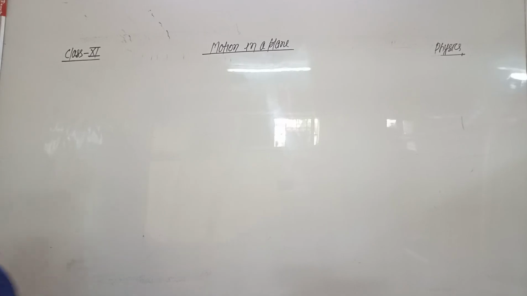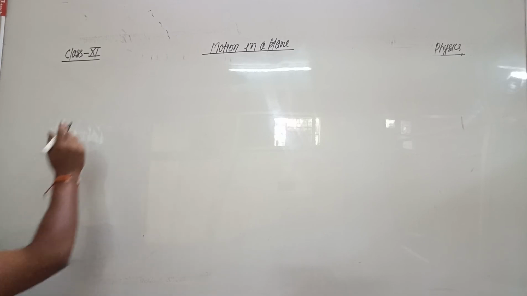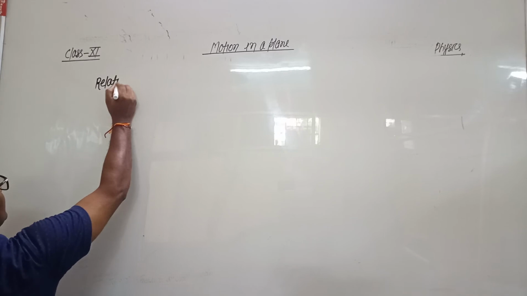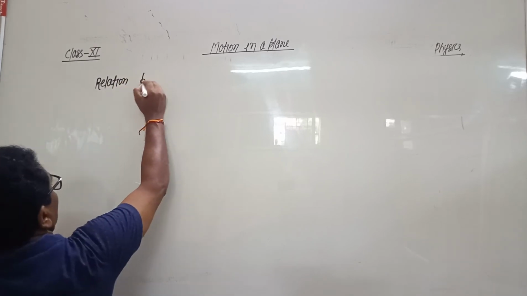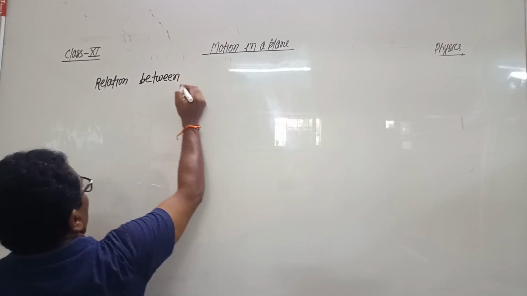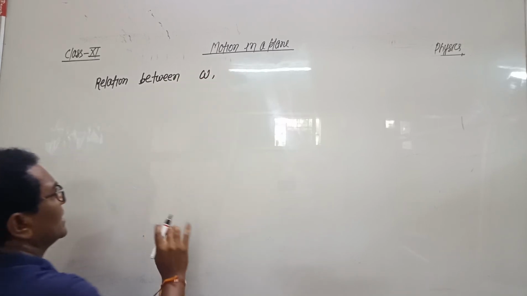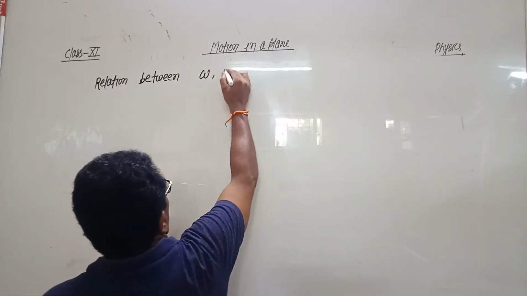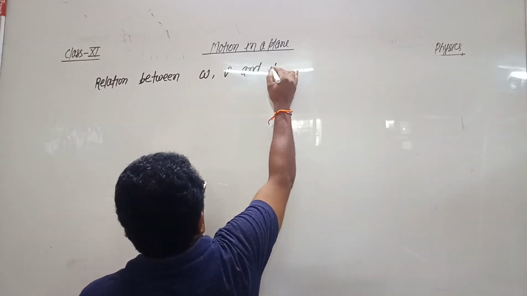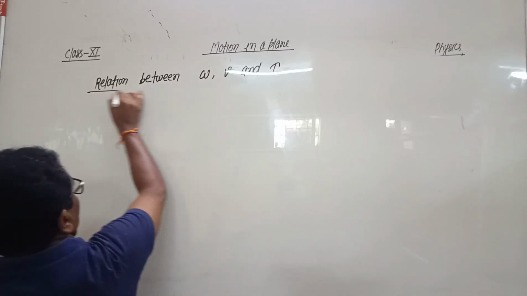Then we discuss the relation between omega, nu and T. Omega means angular velocity, nu means frequency, and T means time period.